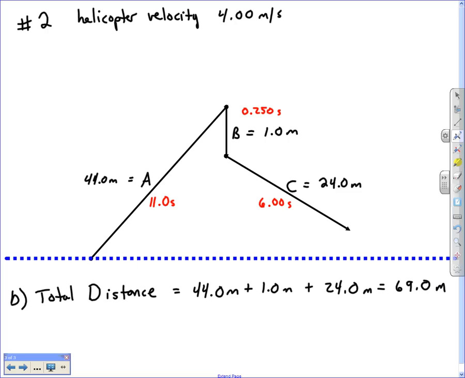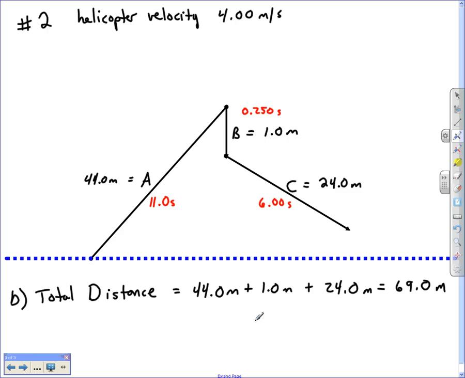You might be wondering why I haven't incorporated any negative values, and we will in just a moment. When we're dealing with total distance, you cannot travel a negative distance. You can have a negative displacement, but that's not what was asked in the problem. Distance is always positive. So because we were looking at a total distance, we could add each of the distances of each of the vectors, and it gives us a total distance traveled of 69 meters.